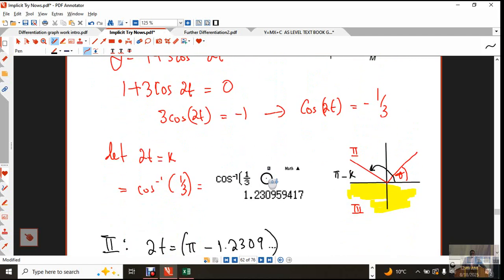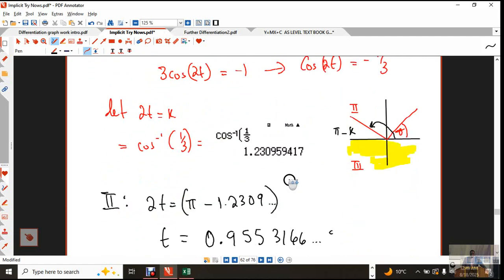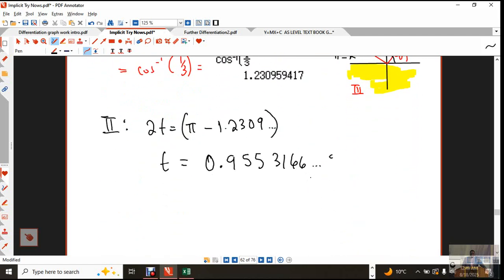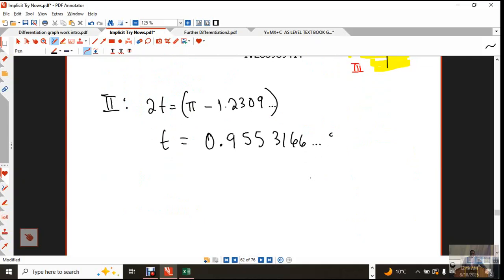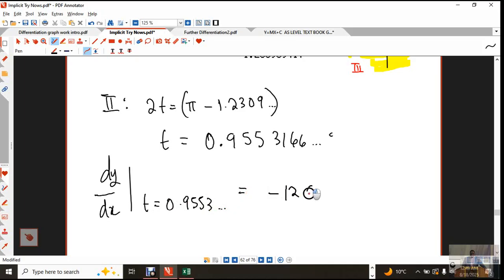In order for us to do that, we need to say, okay, what was our dy/dt? I mean dy/dx. dy/dx when t is equal to 0.9553 and so on will be, remember, minus 12 times the cosine of 0.9553.